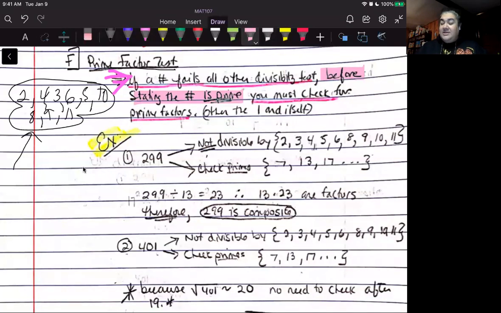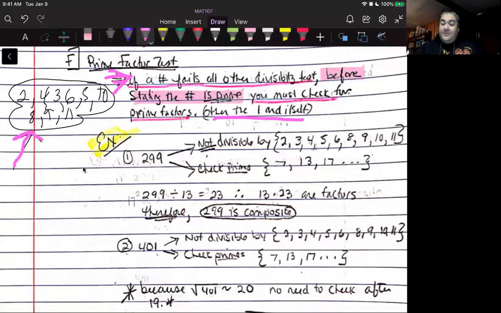And remember that this has to be other than 1 and itself, because every number has 1 and itself as a factor, right? So you have to check to see if other prime numbers are also factors of this number that you're checking, if it has already failed all the divisibility tests that we've discussed.